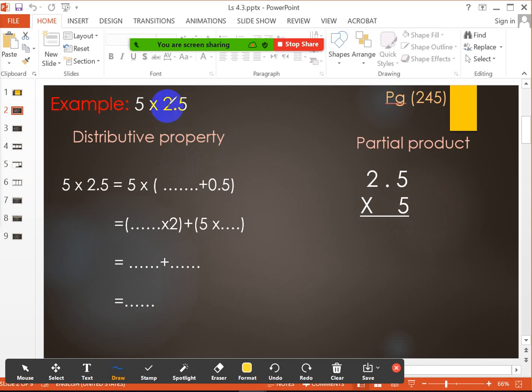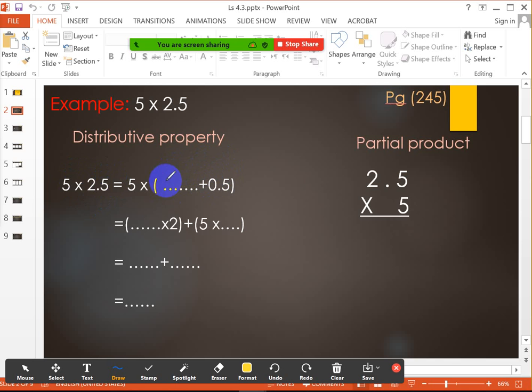You remember distributive property told me that you can break a number into addition between two numbers. That means, look, if you want to multiply 5 with 2.5 tenths, first thing you will take the decimal number, this one, 2.5 tenths, and break this number into addition between two numbers.